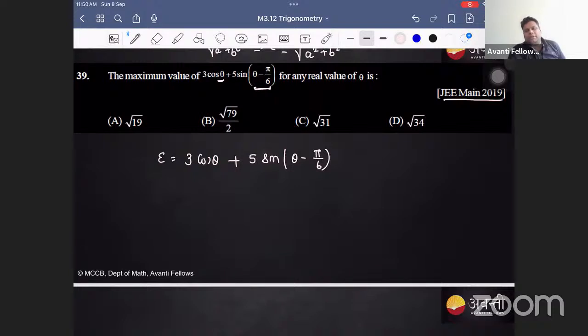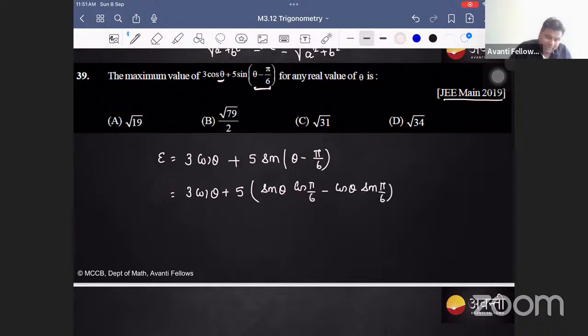Now, how do we do it? Since the angle is not the same, first of all we will expand sine A minus B. So it is 3 cos theta plus 5 times sine theta cos pi by 6 minus cos theta sine pi by 6.